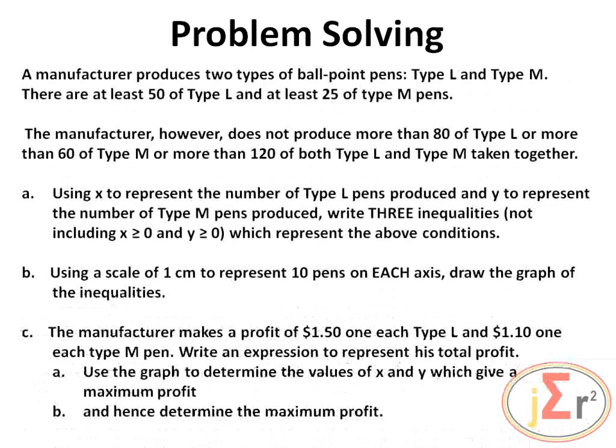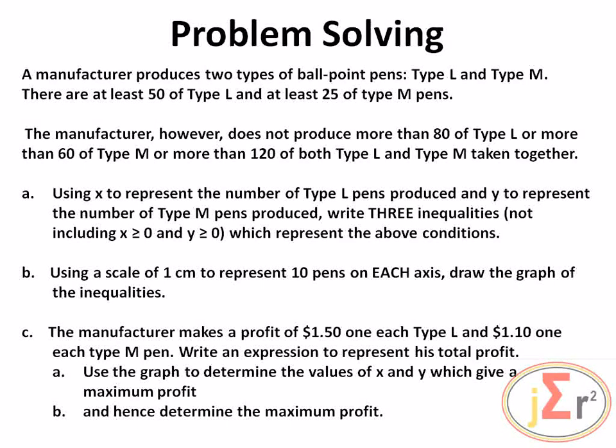Now we have another problem. A manufacturer produces two types of ballpoint pens, type L and type M. There are at least 50 of type L and at least 25 of type M pens. The manufacturer, however, does not produce more than 80 of type L or more than 60 of type M or more than 120 of both type L and type M taken together.